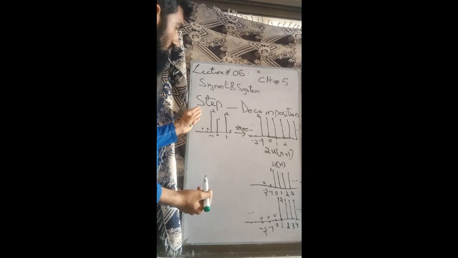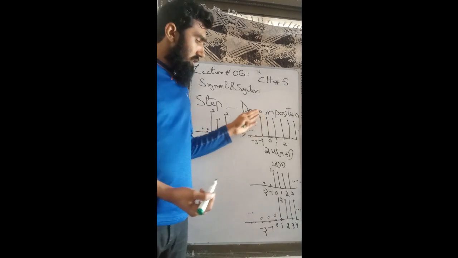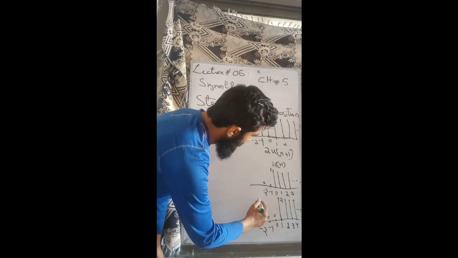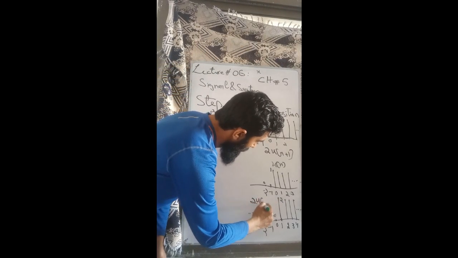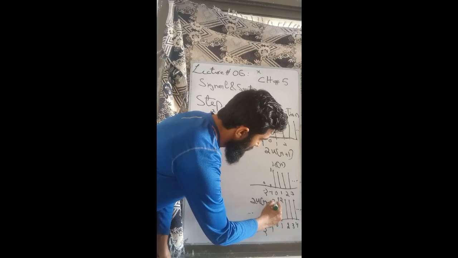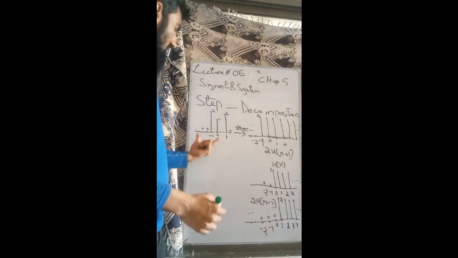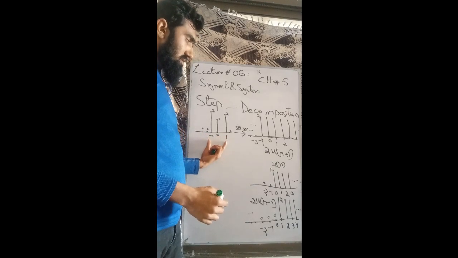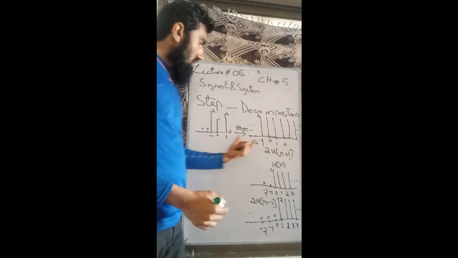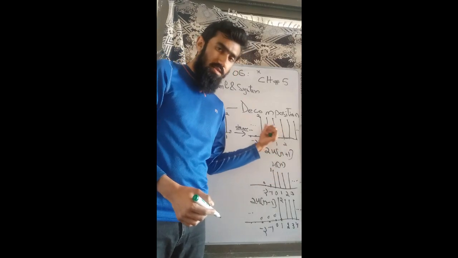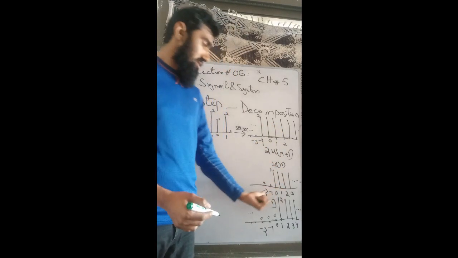So we have decomposed a complex signal into shifted terms, this is 2 times u of n minus 1. This is again a shifted and scaled version of the unit step signal. So we have converted an assumed complex signal into a series of scaled and shifted versions of the unit step signal.